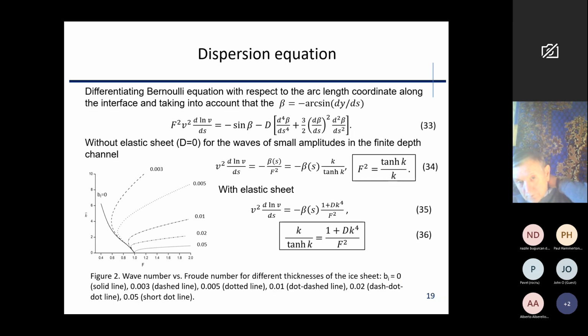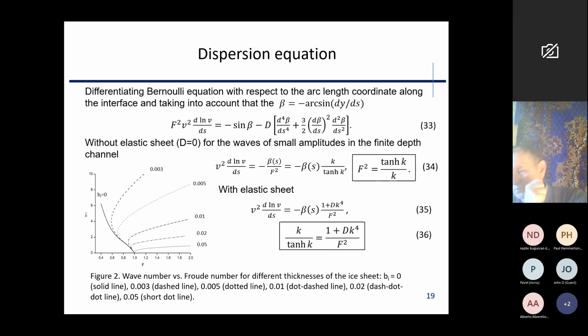Before we continue with the results, we should consider the dispersion equation, which gives us an understanding of what kind of solution we can obtain. Just differentiating the Bernoulli equation, we can obtain this formula. Without the elastic sheet, this formula becomes as shown, and we know the Froude number from the linear theory of waves.